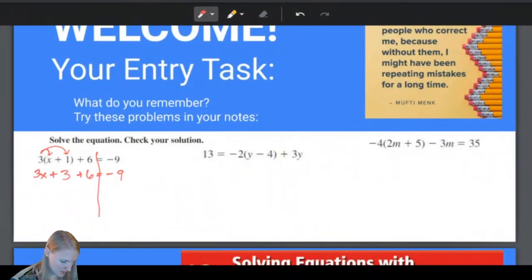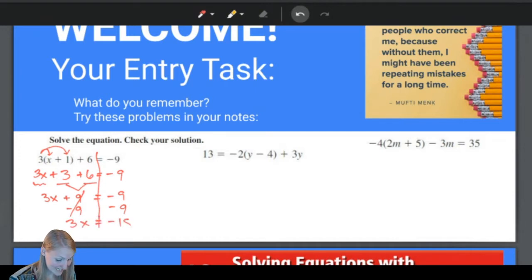Okay. And then remember, I have an apple, an orange, and orange. I can put these together. Get 3x plus 9 equals negative 9. I want to get rid of the 9 on this side, so I'm going to do the opposite of plus, which is minus 9 from both sides. We have 3x equals negative 18.